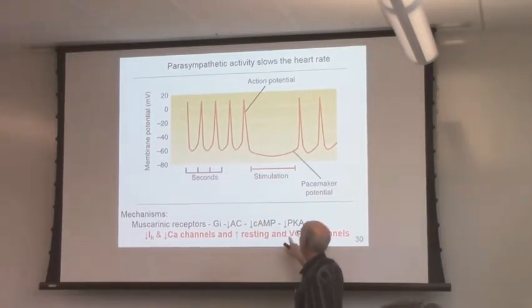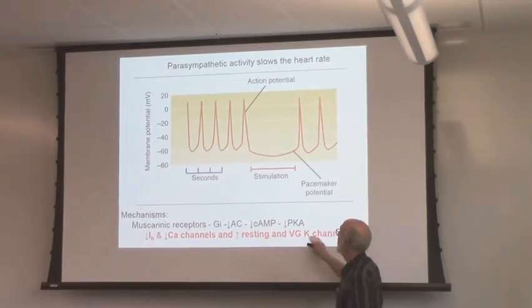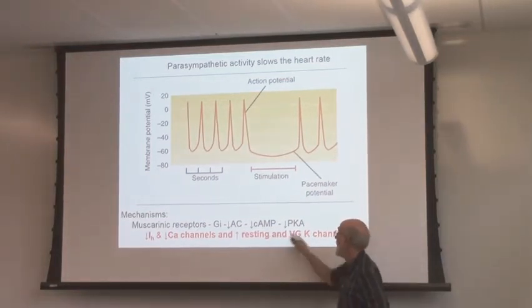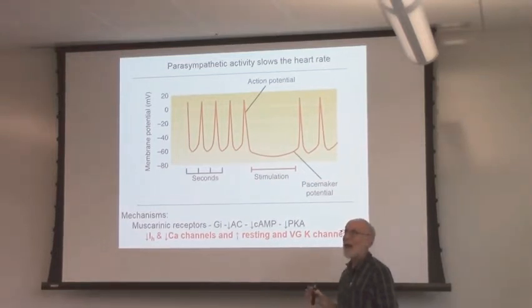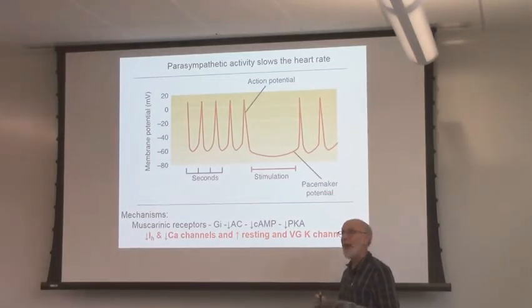And now one more trick. This also increases the activity of potassium channels. So the increasing activity of potassium channels will slow the slow depolarization, and it will make the maximum diastolic polarization more negative.